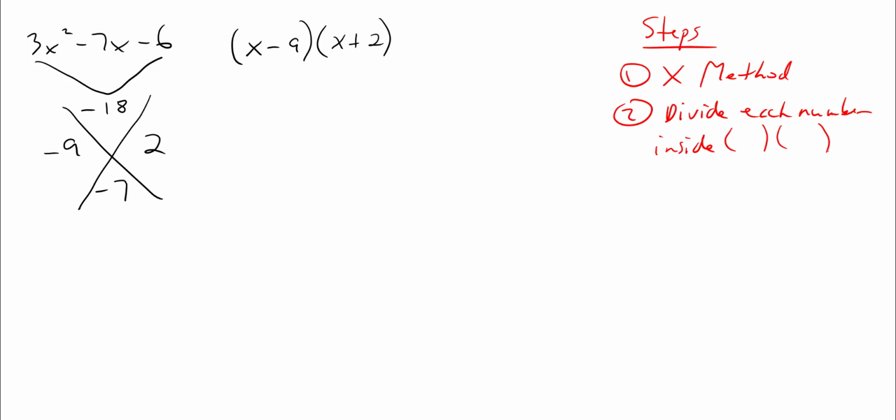Okay, so you got two parentheses. So each number inside the parentheses by the number in front of, in this case here, well, in front of the x squared. Okay, so that number we're dividing it by, we're dividing everything by 3. So watch what I do. Divide it by 3.